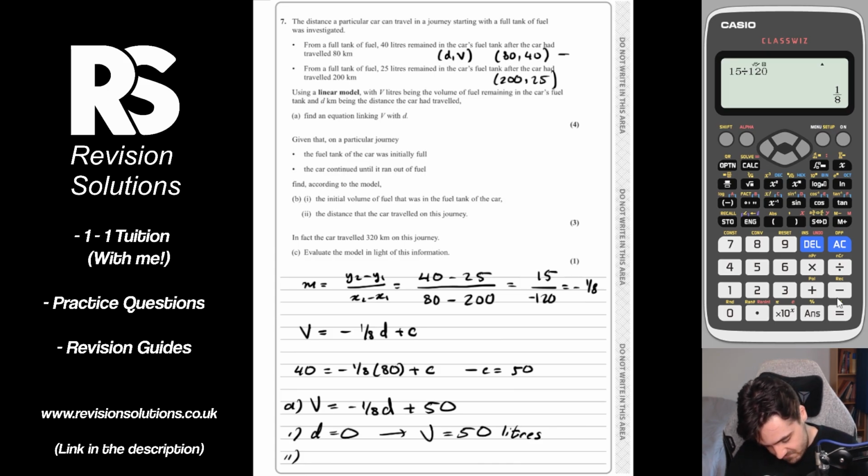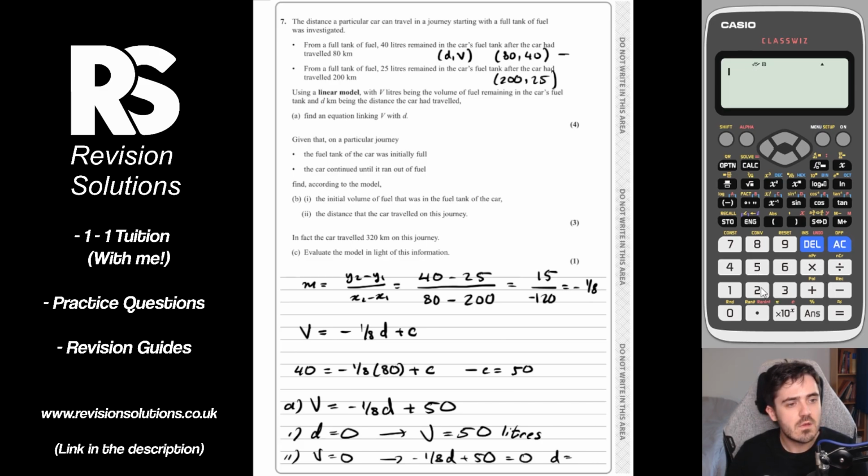So if we set V equal to 0, then we'd have minus an eighth D plus 50 equals 0. So then D is going to wind up being just 50 times 8. So 50 times 8 is 400. And that's kilometres.